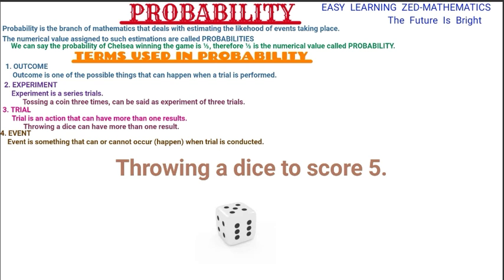So an event is something that can or cannot happen. Throwing a dice to score a certain number is an event, because you can either score that number you want, or you cannot score that number.